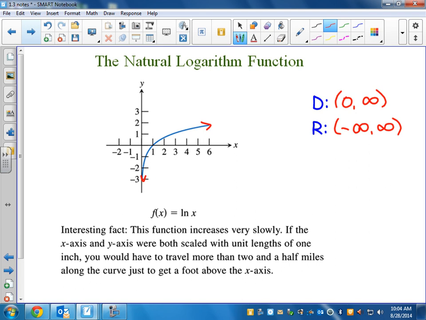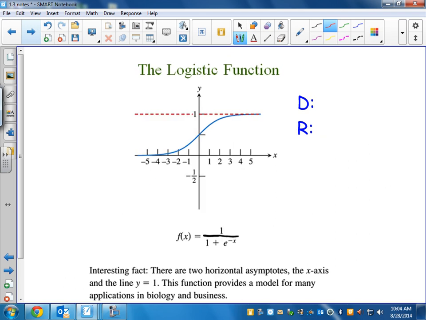The logistic function. And it's this ugly thing down here. The big thing is it's easy to recognize because it has two horizontal asymptotes. Nothing else we do in math class has two horizontal asymptotes. But this comes up in population growth, right? What's that called when your population reaches a high point and can't go any more due to the environment?